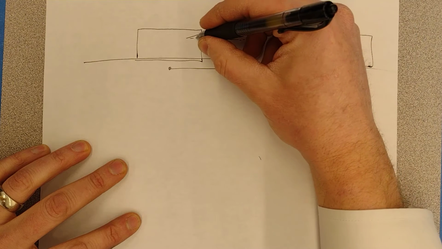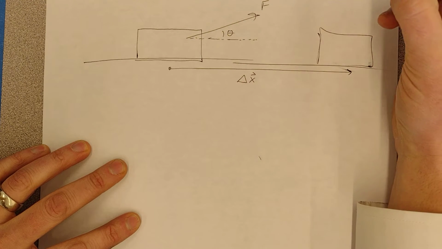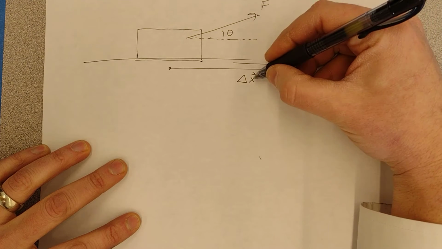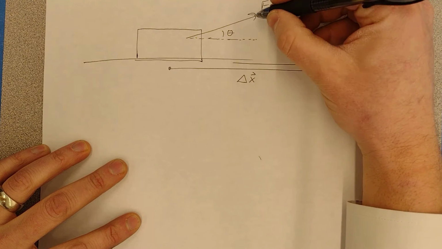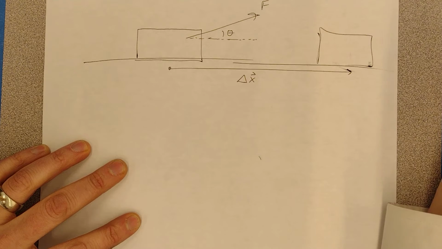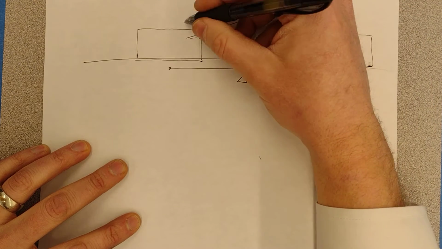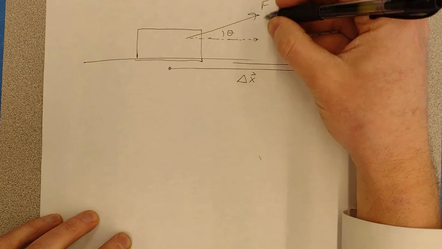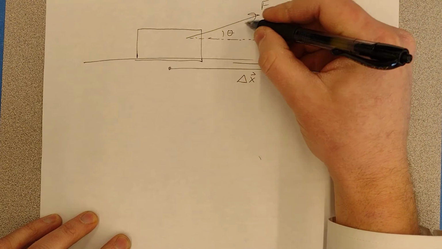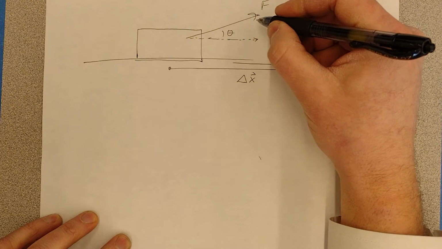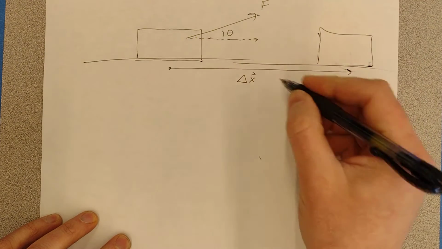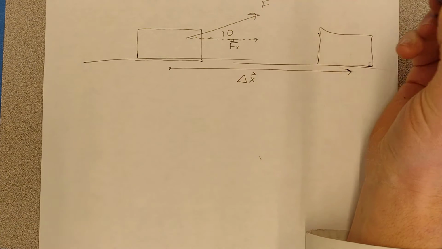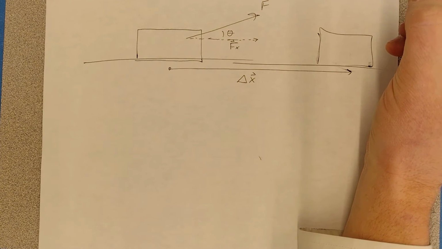Well, how do you figure out the work done? You can't just do this force times that distance, because not all of that force is going into displacing it. Some of that force is going into working against gravity. So really what you need to find is the component of the angled force that is parallel to the displacement, which in this case would be Fx, the x component of the force.